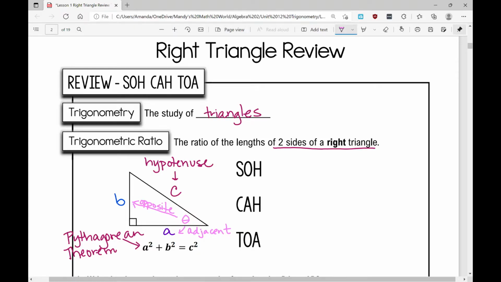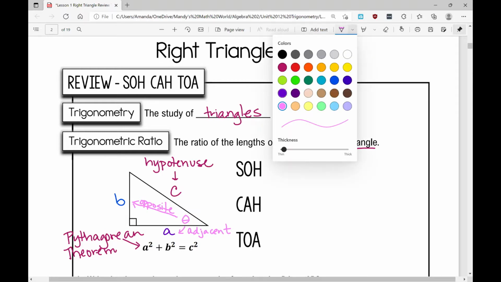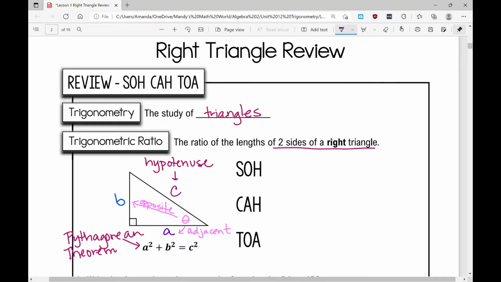So I can use the mnemonic SOHCAHTOA to help me remember the trigonometric ratios for these sides. First I want to review this. What I can say is that the sine of theta is the ratio of the length of the opposite side to the hypotenuse.